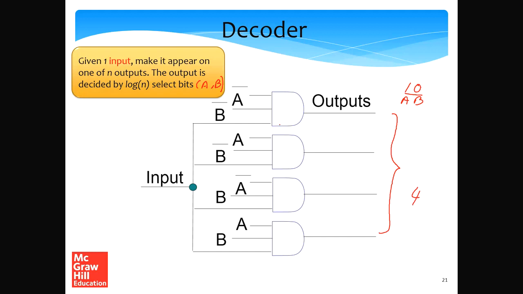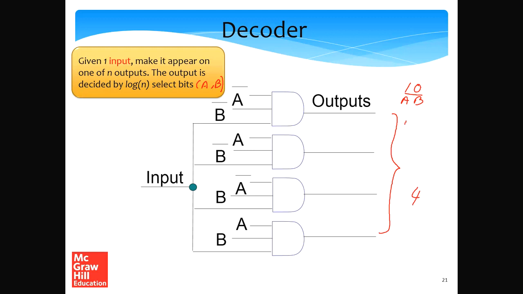The way this works is very similar to the way the multiplexer used to work. In this case, we generate the 4 combinations for A and B: A bar B bar, A B bar, A bar B, and A B. Bar means complement. Then only one of the combinations is true. Which combination is true?